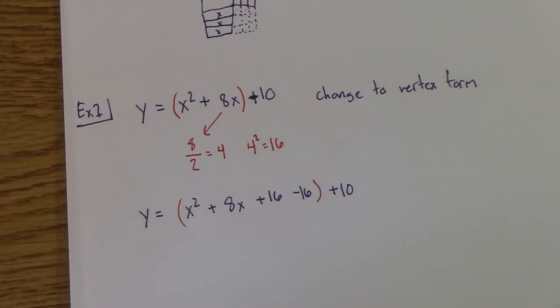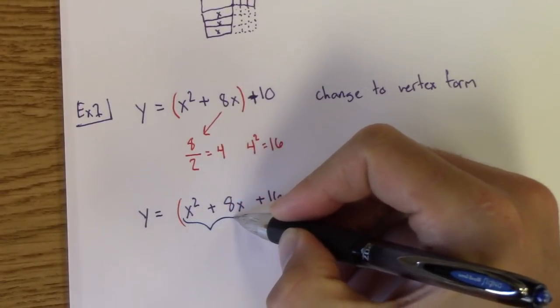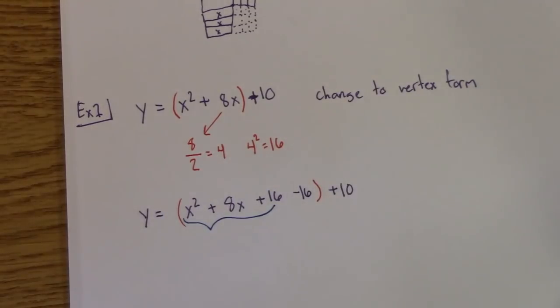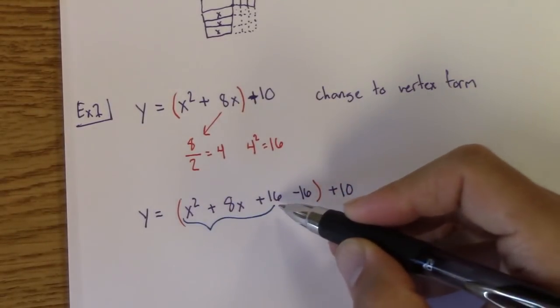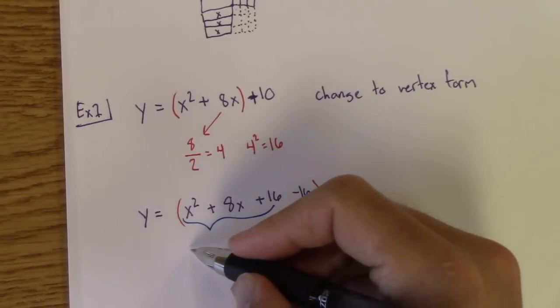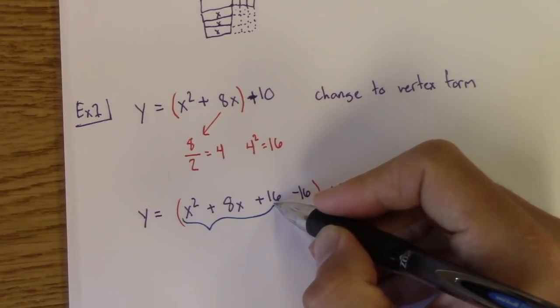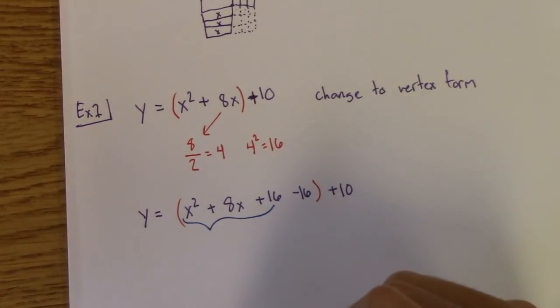The reason this is helpful is this. Take a look at what happens. If I focus just on the first 3 terms, x squared plus 8x plus 16. Well, let's consider factoring that for a second. I need 2 numbers that multiply to 16 and add to 8.